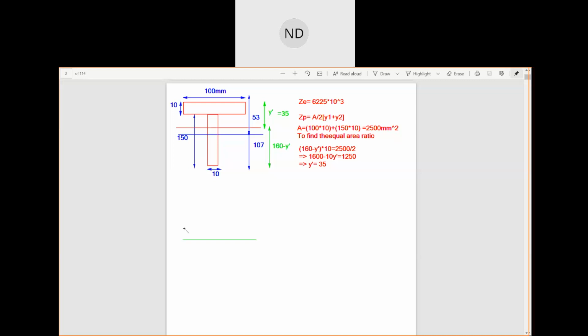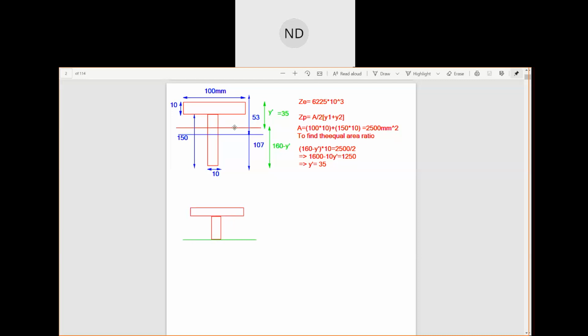This is one area, and this is the top portion above the equal area axis.